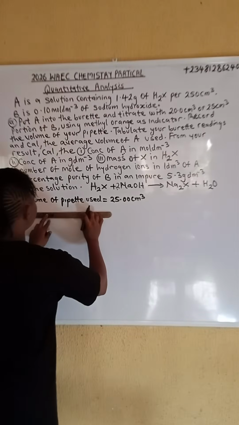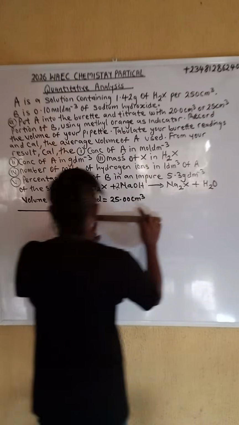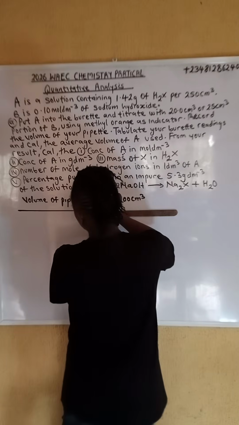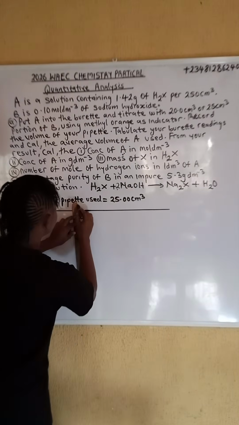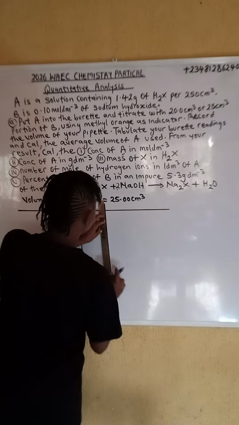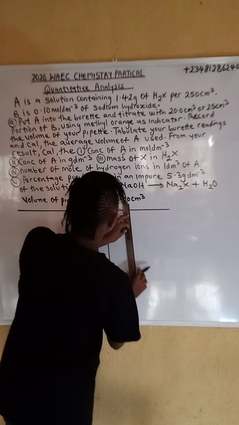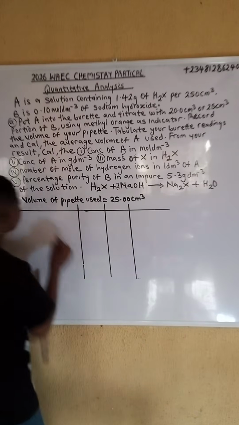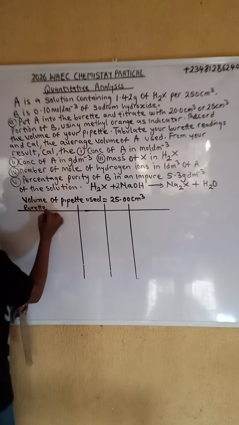Then the next thing is to form your table. So the first one, you write burette reading.